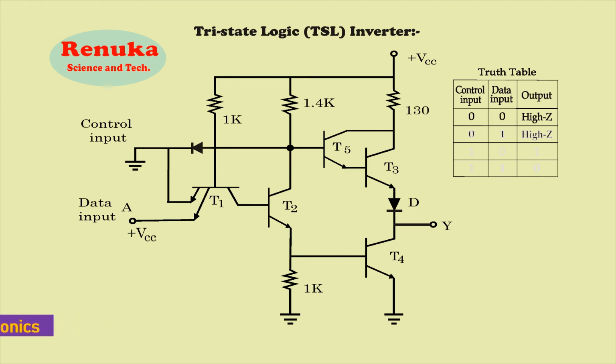So all the current is flowing towards ground. Then the data input A is now connected to plus VCC, but it has no effect because in the multi-emitter transistor, emitters are connected in parallel and one of the emitters is connected to ground because of the control input.